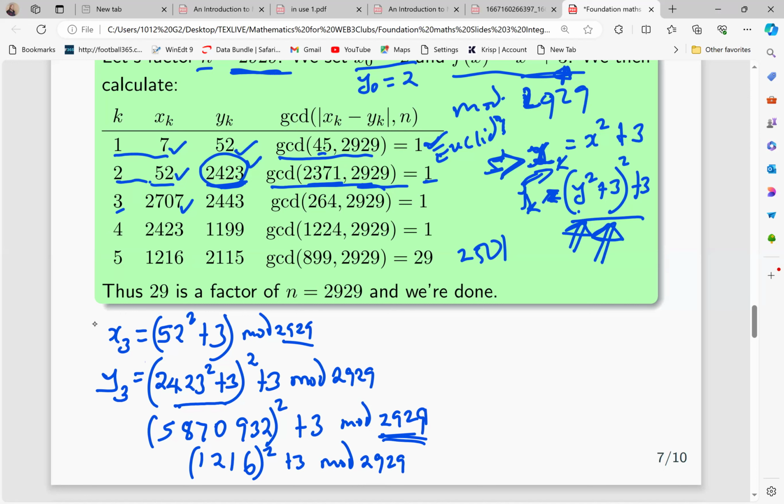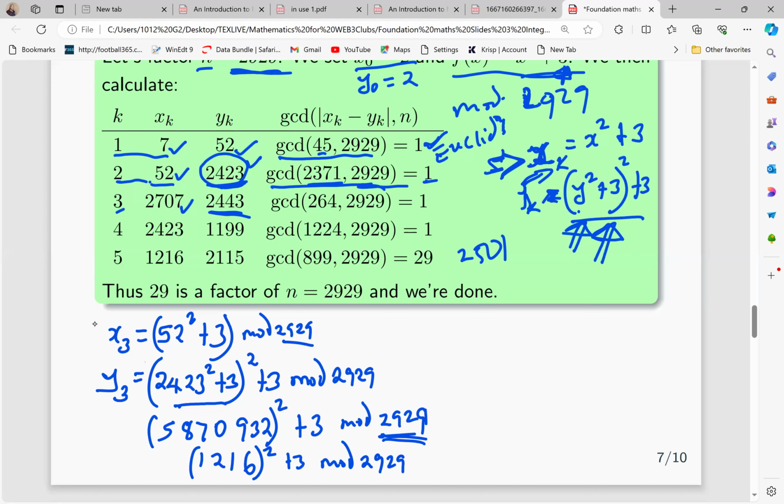So let me reduce it mod 2929, which goes there 504 times. The remainder is 2443. That's our remainder.